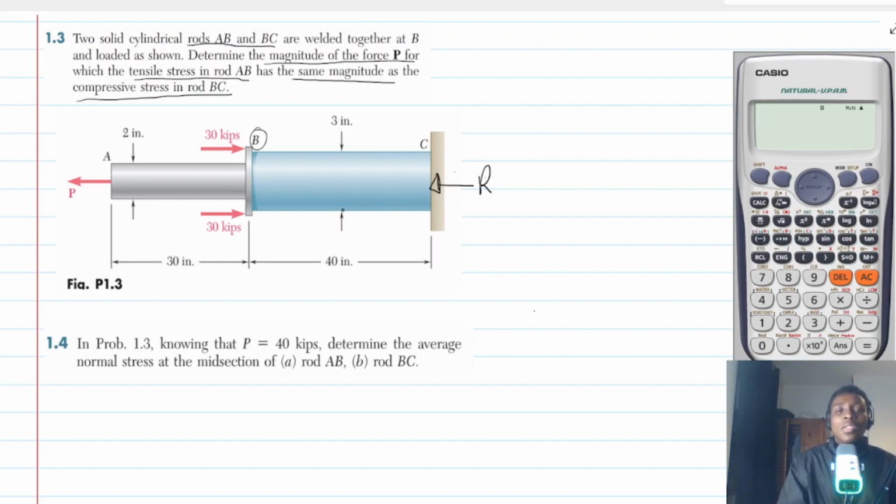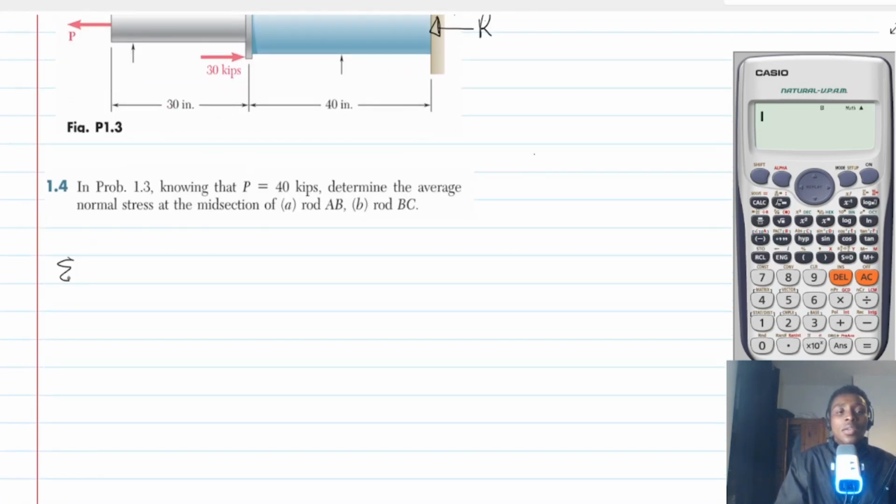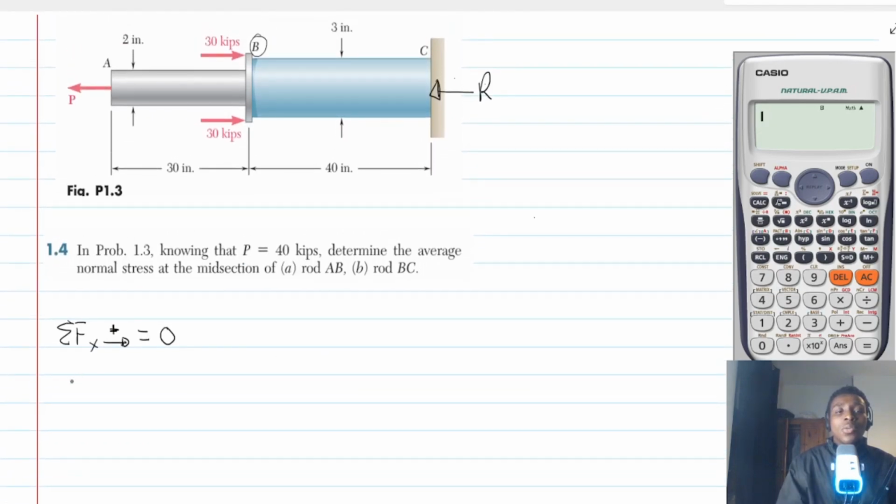This support reaction will give some form of R, which is like a support reaction to the rod. To find the value of this, we would sum forces. Let's say every force in this direction is positive, and the sum should be 0. What do we get? Minus P plus 2 multiplied by 30, that is to say 30 plus 30, and then minus R should be 0.